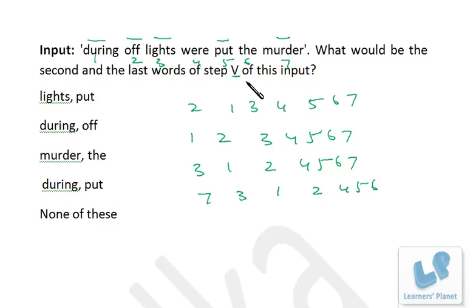So 5, 7, 3, 1, 2, 4, 6. So this is step 5. So second and last word, seventh word, that is murder, and last word is 6, that is the. So murder and the.